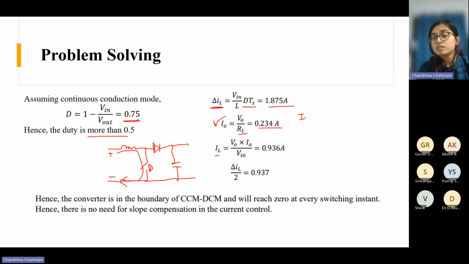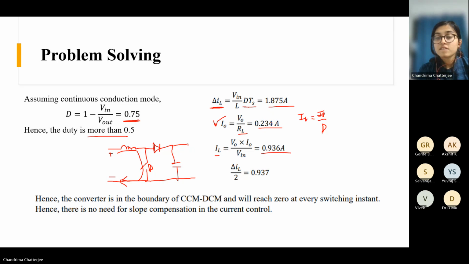IL average would be I out by D, right? I out by D. In this way also you can find out. So yeah, this IL average comes out to be 0.936.